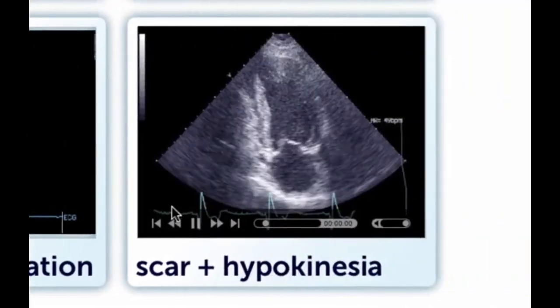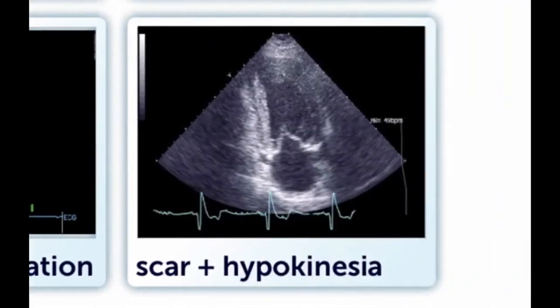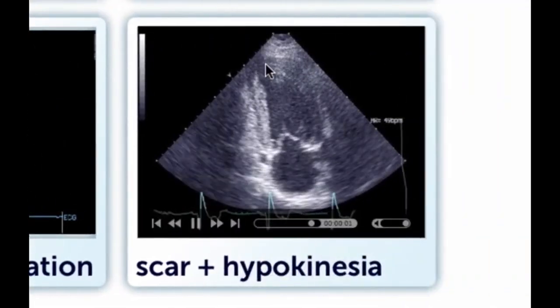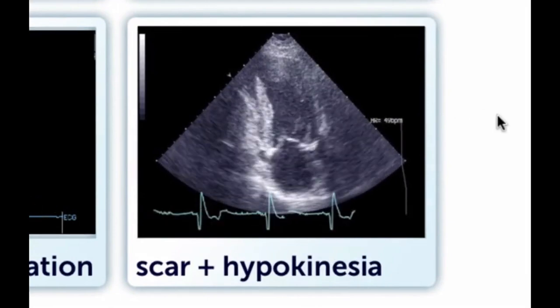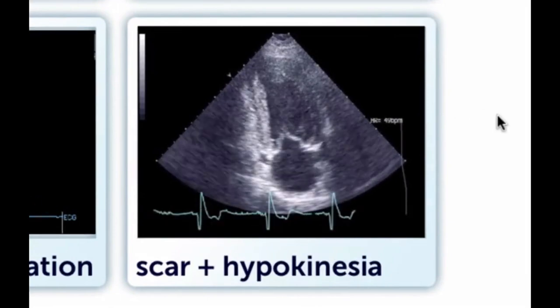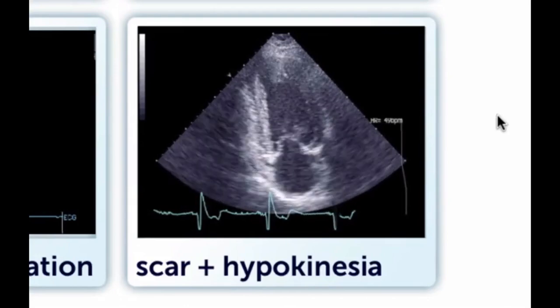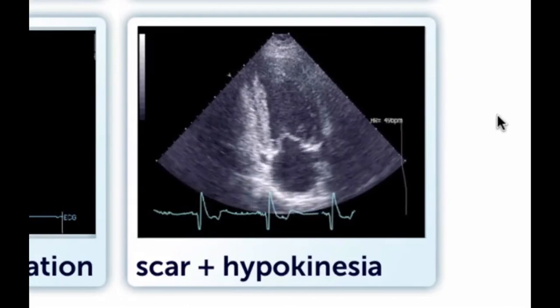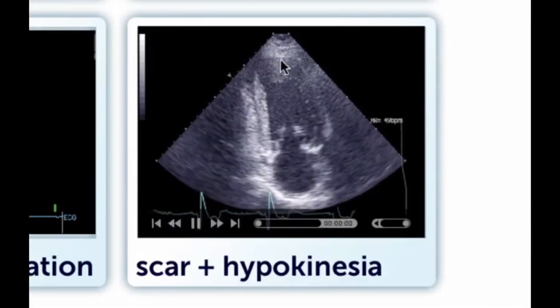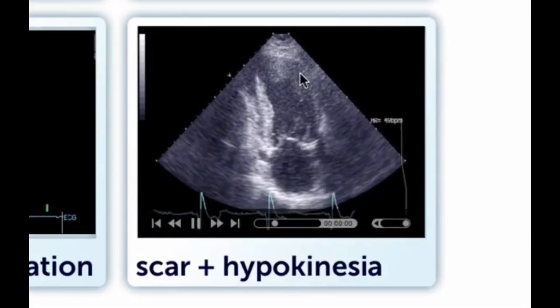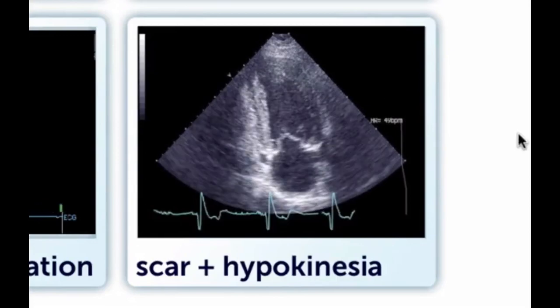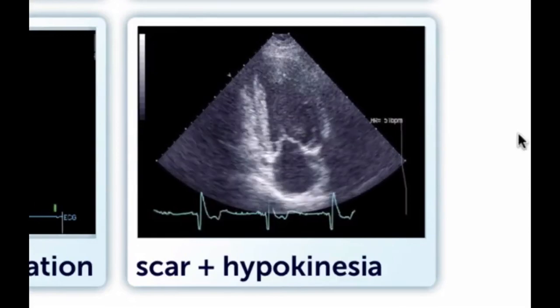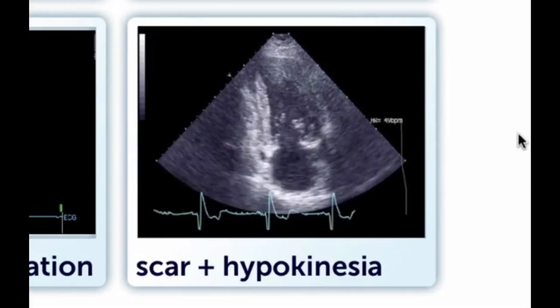And here we have an example of a patient who had an anterior infarct 3 or 4 years ago, and the patient never had angiography at that time, but now he presented with typical anginal pain. We performed angiography and we found that the LAD was significantly stenosed, and since the patient had an echocardiogram with a preserved wall thickness and hypokinesia, we knew that it would make sense to really reopen or at least dilate or stent the vessel.